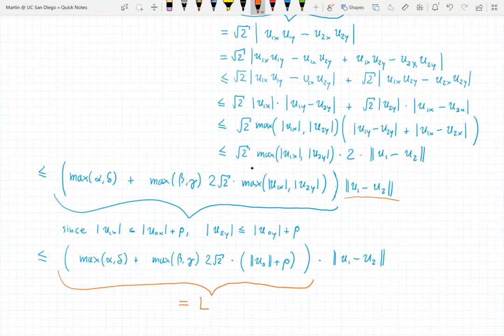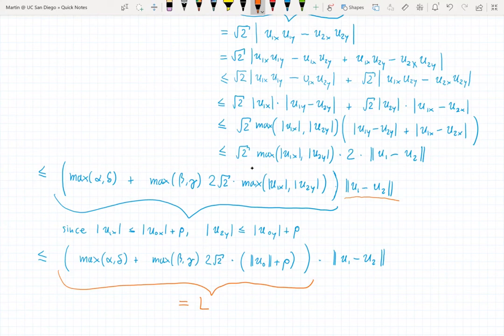This almost looks like the inequality that we want, except that in this large coefficient we still have the coordinates of u1 and u2 appearing. So this large coefficient still depends on u1 and u2. As a remedy for that, we use that by assumption u1 and u2 are contained in a ball of radius rho around the initial vector u0.